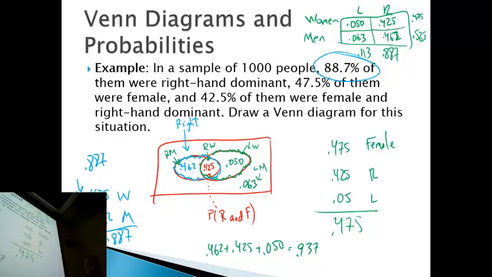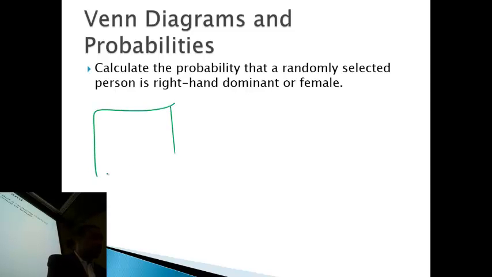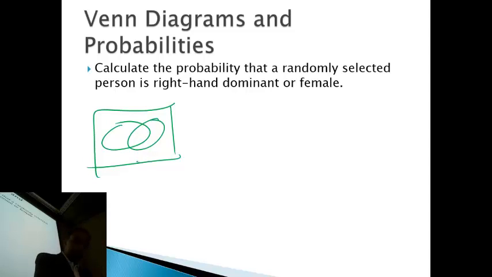So indulge me, if you will. All right, now the fun part. Calculate the probability that a randomly selected person is right-handed or female. Okay, I can handle that. You have a little picture in front of you, and I'm just going to put the numbers in.